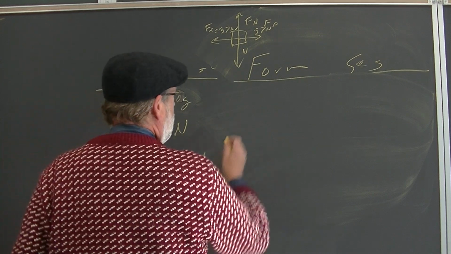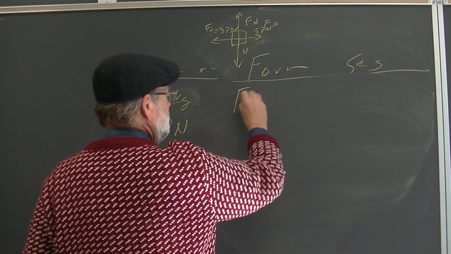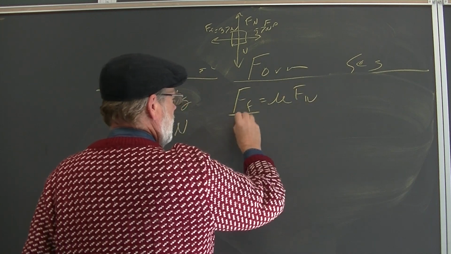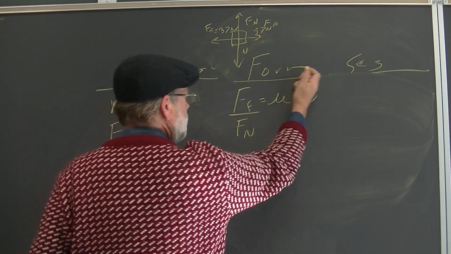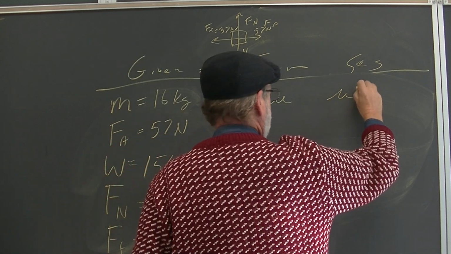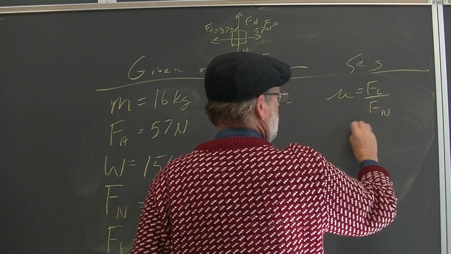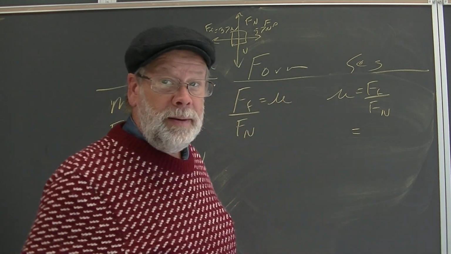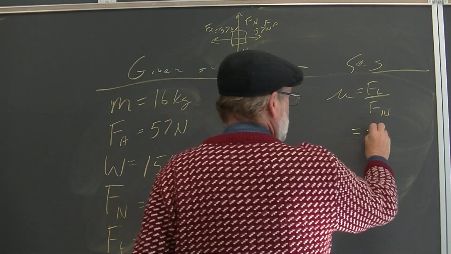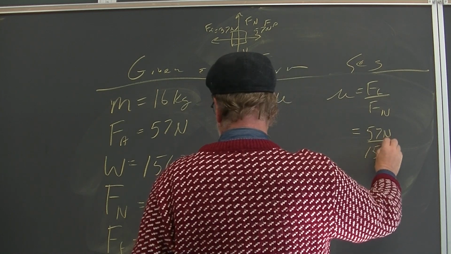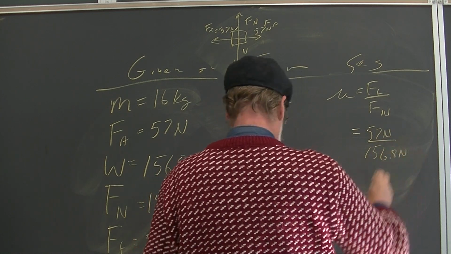You can see all of this comes right out. F sub F equals mu F sub N, so mu equals F sub F over F sub N. All right, just some simple substitution. 57 newtons divided by 156.8 newtons.